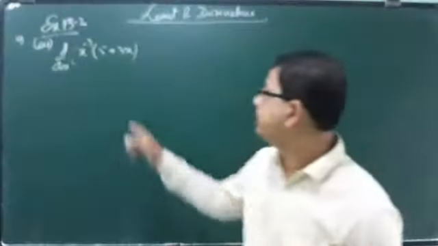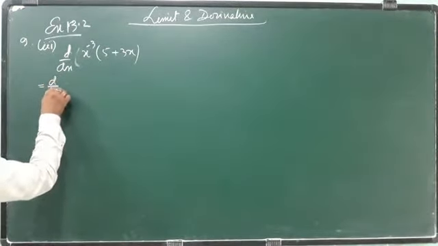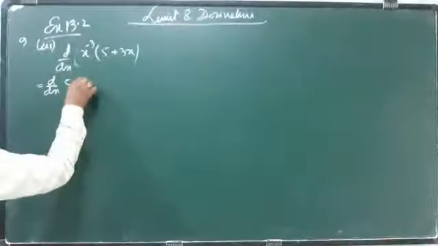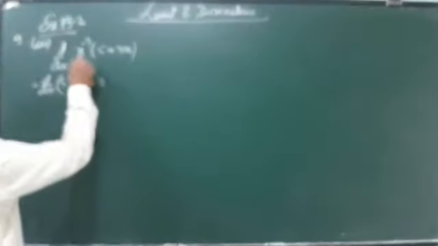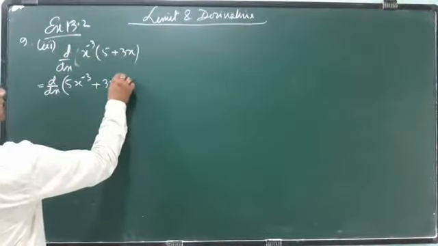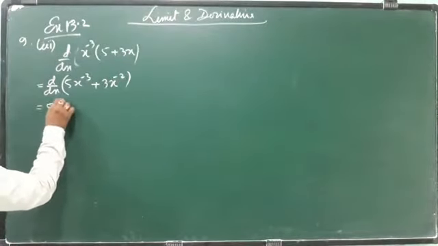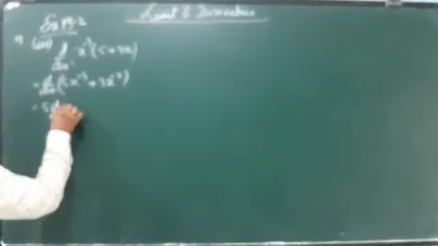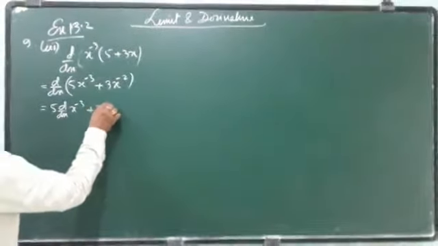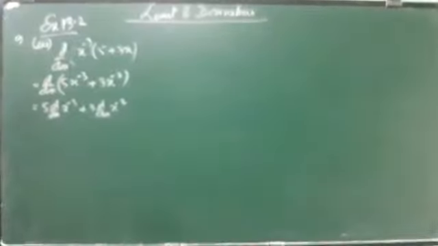If we open this bracket, then we will get d/dx of 5x to the power minus 3 plus 3 x to the power minus 3 into x, which will give x to the power minus 2. That is 5 d/dx of x to the power minus 3 plus 3 d/dx of x to the power minus 2.